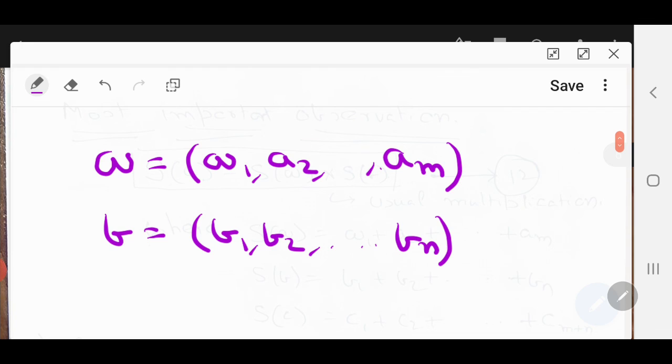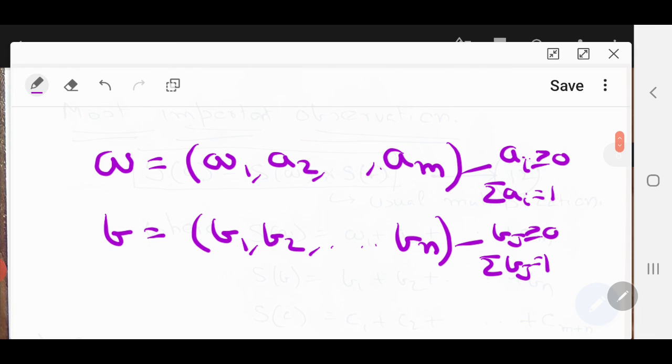They are also non-negative whose sum is 1. That is, each Ai is greater than or equal to 0, sigma Ai is 1. Each Bj is greater than or equal to 0, sigma Bj is 1. So we call that either a probability vector or a probability mass function.